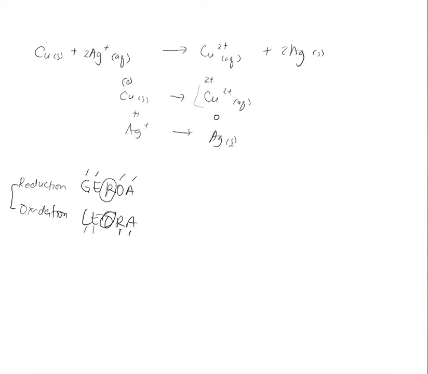From here, copper goes from 0 to plus 2. Okay, so from 0 to plus 2, that means it lost electrons, so it's called an oxidation. So this is the oxidation half reaction, which means this copper is called a reducing agent.